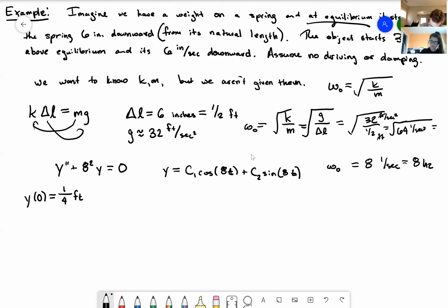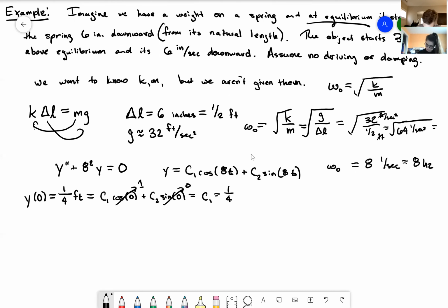So we have y of 0 equals 1/4 of a foot, and if we plug in 0 on the other side, we get C1 cosine of 0 plus C2 sine of 0. And this is just 0, this is just 1, and so what we're left with is just C1. So in fact, it's the C1 itself that carries the units of length in this case. We get C1 is equal to 1/4.